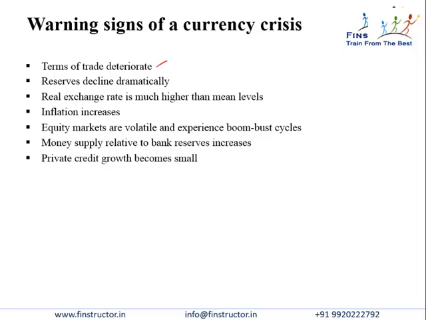People stop accepting your currency. People say if you want to import, you have to pay in US dollars. Similarly, your exporters also don't agree to favorable terms that they did earlier. So we see terms of trade deteriorating. The central bank reserves decline dramatically, hence its ability to counter or support the currency also goes down.